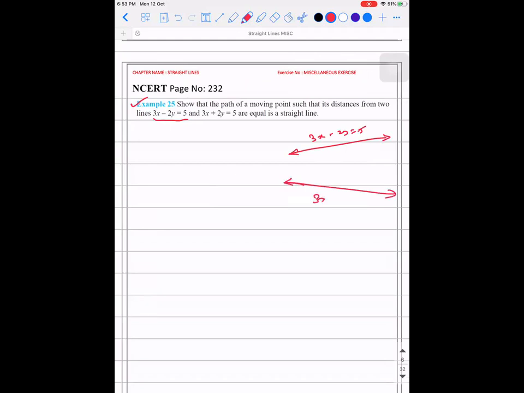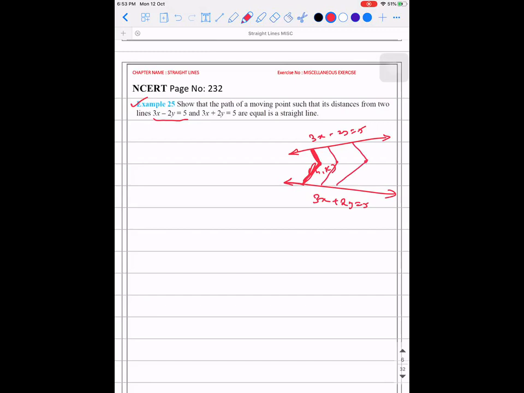Similarly, 3x plus 2y is equal to 5. There is a point h comma k. The point h comma k is moving in such a way that when it is here, this distance and this distance are same. Similarly, when it is here, this distance and this distance are same.